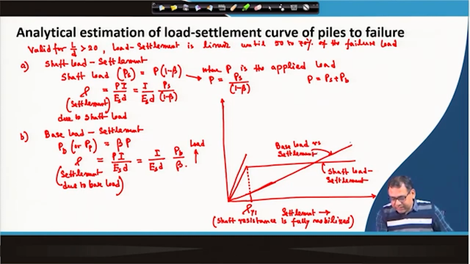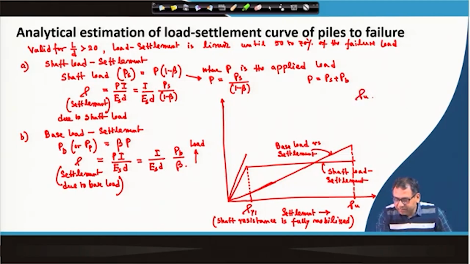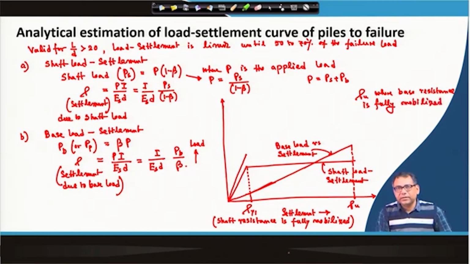Here also, once the base resistance is fully mobilized, the settlement is this one, say rho u. Rho u is where the base resistance is fully mobilized. After that, if you change the settlement, there will be no change in the base resistance, so that you can also draw like this.